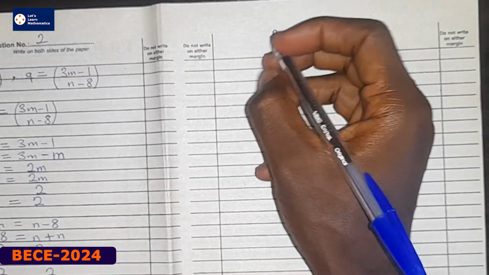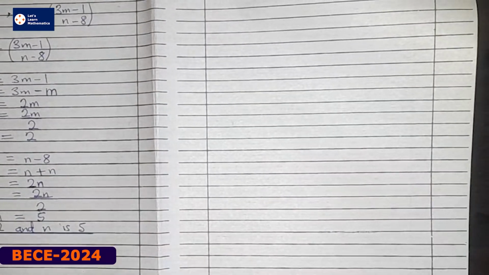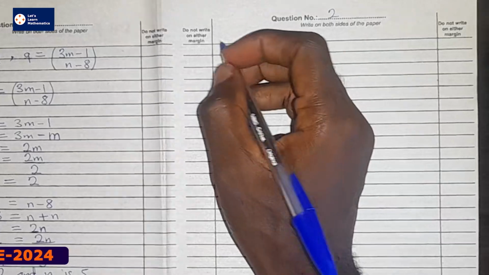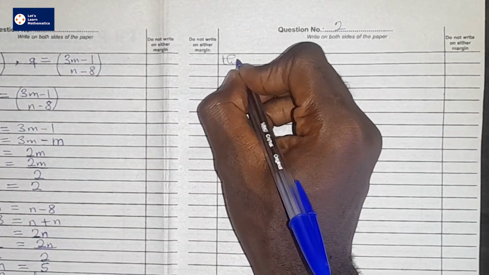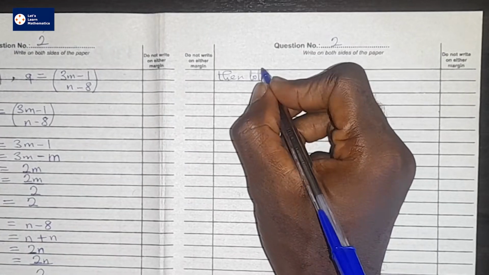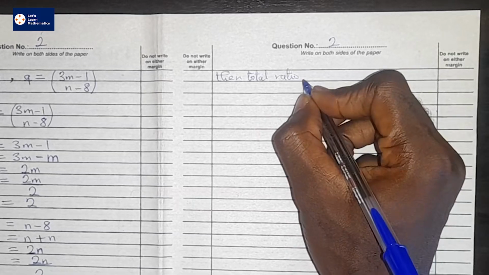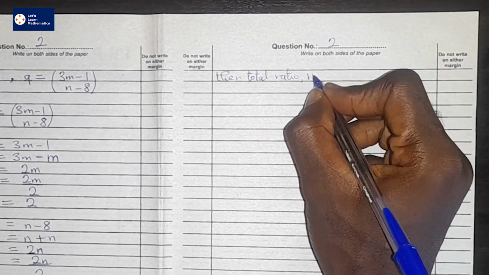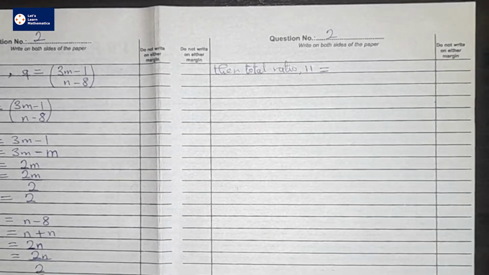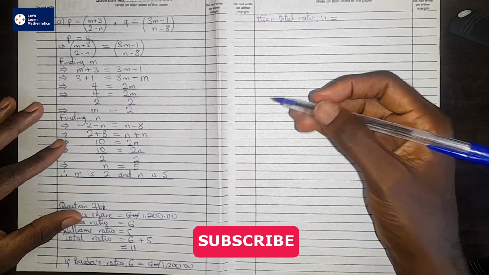So if Baba's ratio, which is 6, represents 1,200, then the total ratio, which is 11, what will it give us?